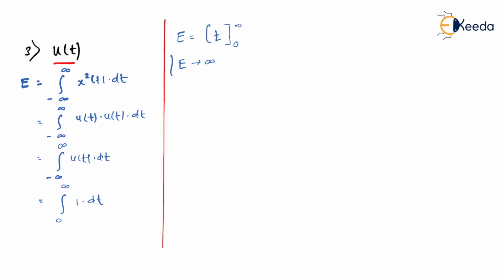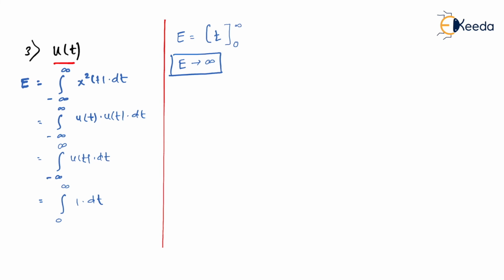So energy is tending to infinity. We know that when energy tends to infinity, it is definitely not an energy signal. But when it is not an energy signal, you cannot say that it is a power signal. Yes, there is a possibility that it can be a power signal, but there is a third possibility that when energy is infinity and power is also infinity, it is neither an energy nor a power signal.